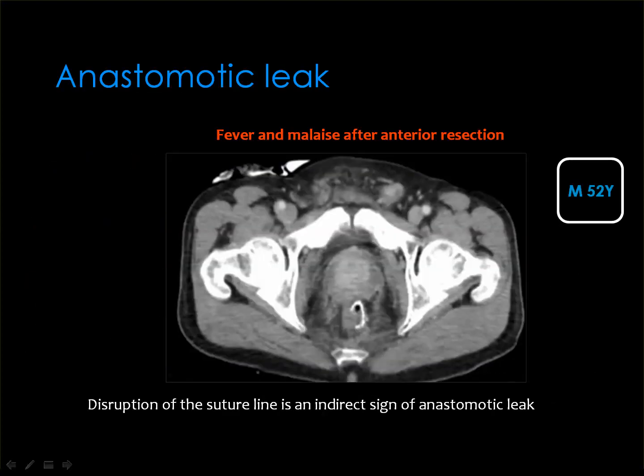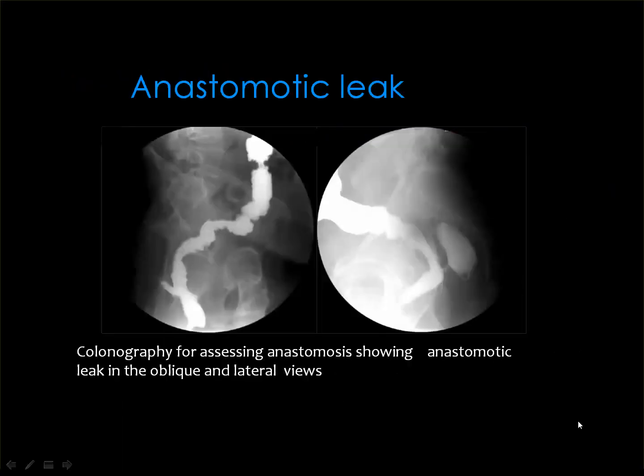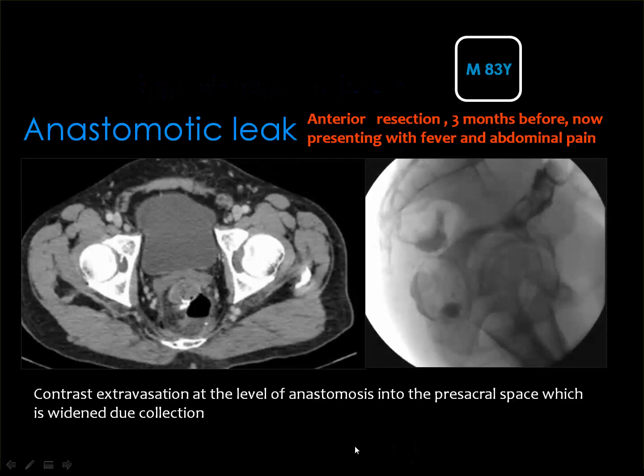Then some of the literature considered that disruption of the suture line is a sign of anastomotic leak. But you can see this leak very nicely by injecting contrast material, let us say gastrografin, then you see the leakage from the site of anastomosis.